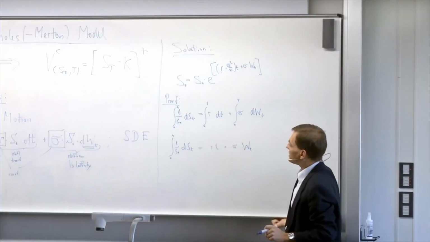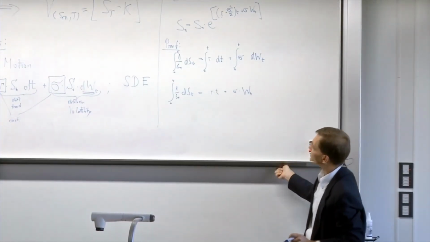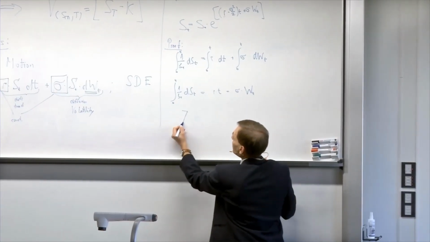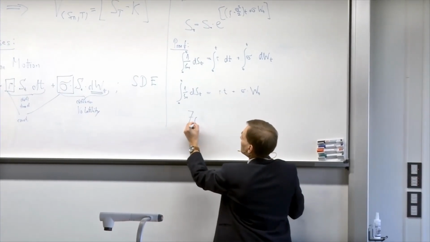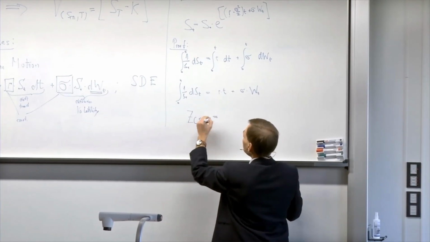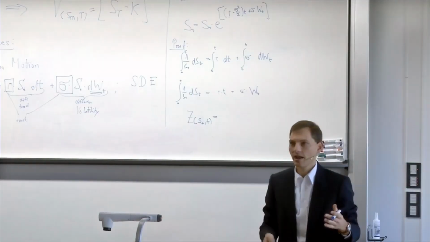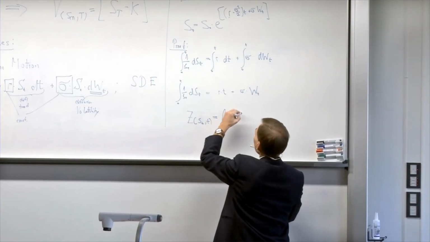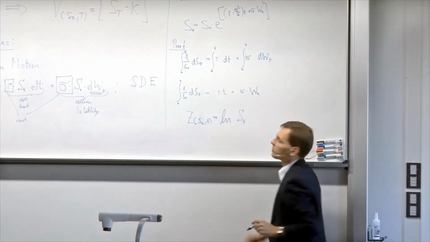So how can I do this? Well, suppose we have a function. Let's call this function Z, and this is dependent on my S and on my t. And now I make a guess and say, let's assume that this function is the log of the stock price.